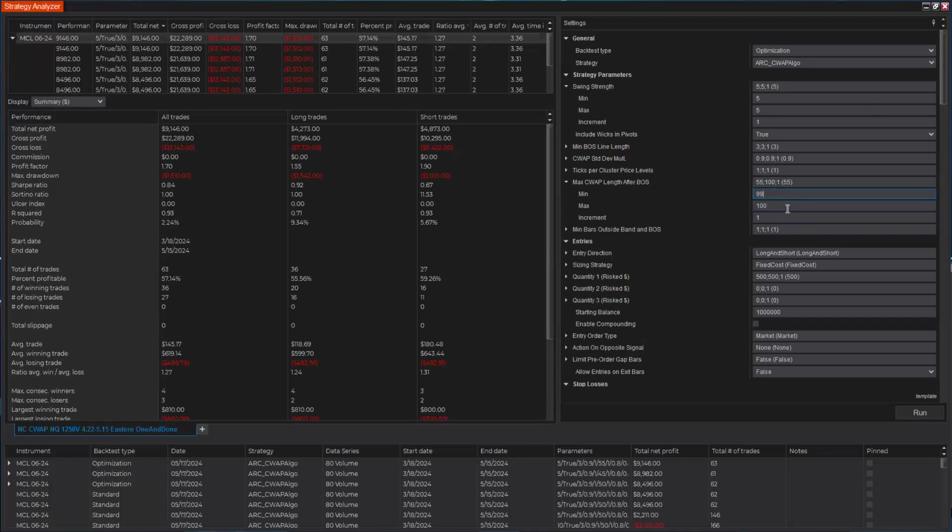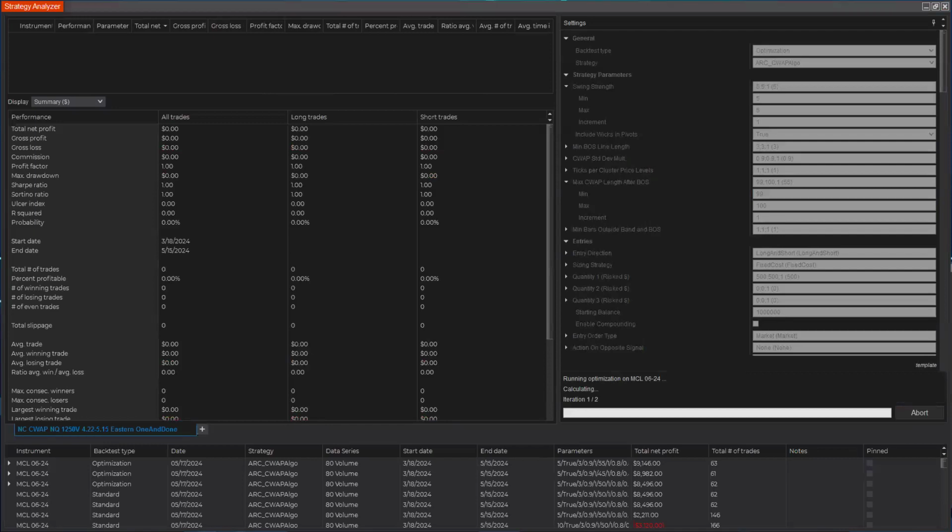If it's a major difference, then I'll maybe look to optimize it a little bit more. If there's no difference, then that tells me that it's not adding that many more trades, and I'm just going to leave it alone at 55.